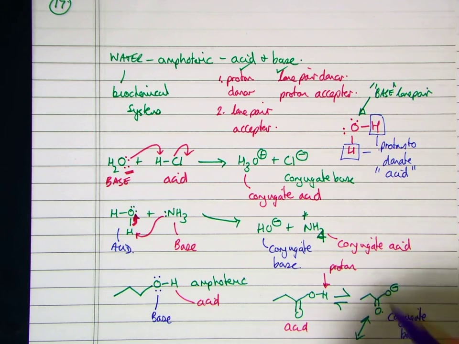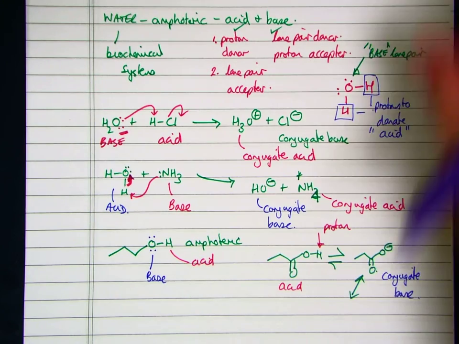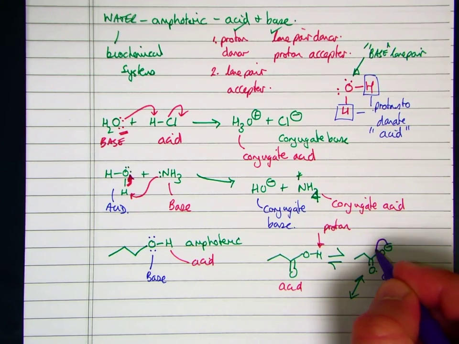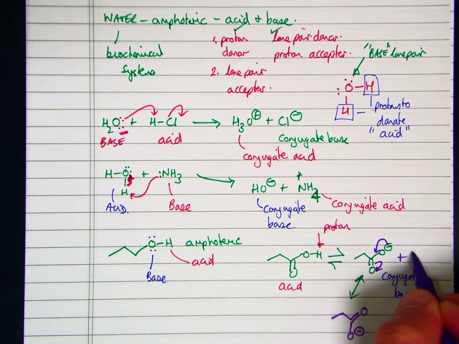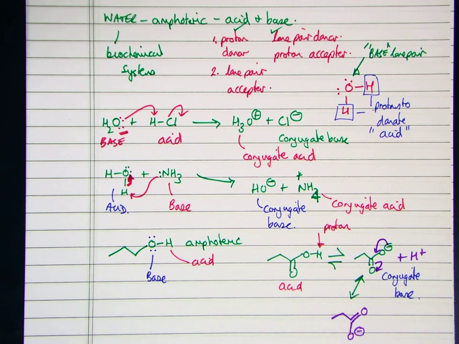We want to remind ourselves of the resonance when the allylic relationship exists. So we have this as our intermediate. Okay, remember we've got the proton as well. So that's our carboxylic acid.